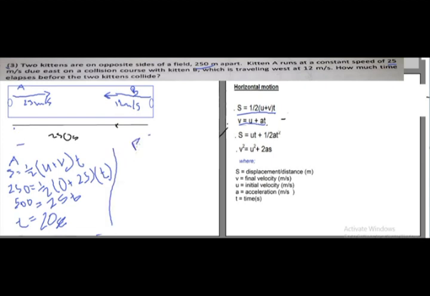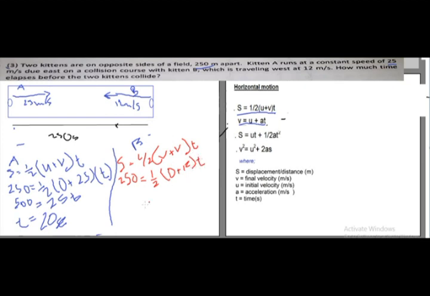Now for kitten B, S is 250. Half multiplied by the initial velocity for kitten B, which is 0, and the final velocity for kitten B is 12 meters per second, multiplied by the time.